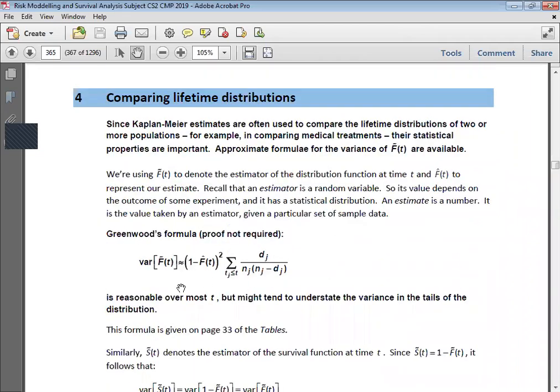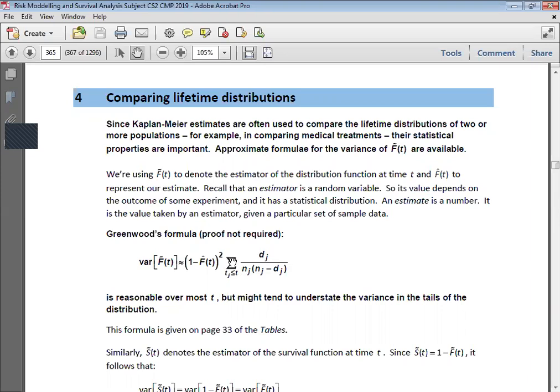This is not the only formula for the variance, but it is the one most commonly used, and this is called Greenwood's formula, and we don't have to care about its proof and all.